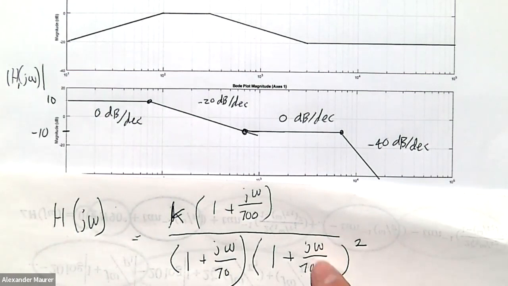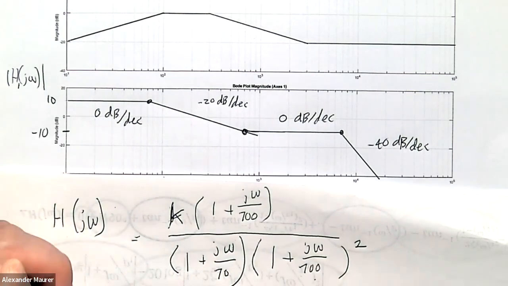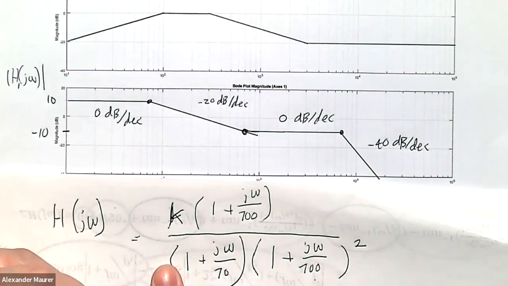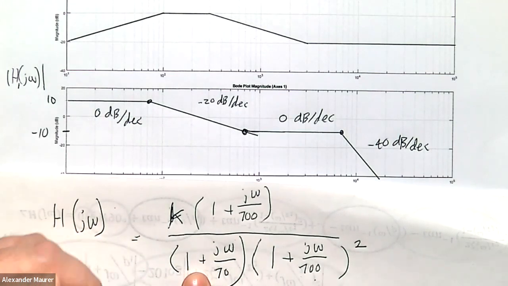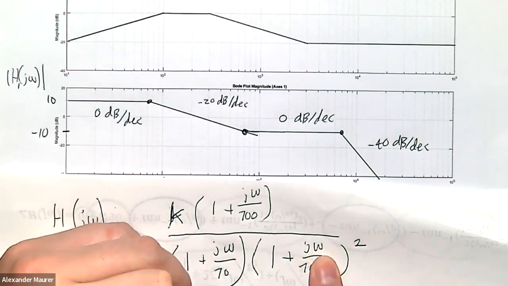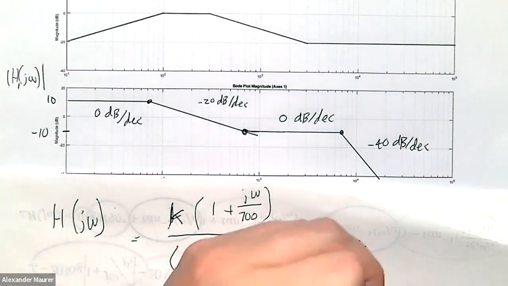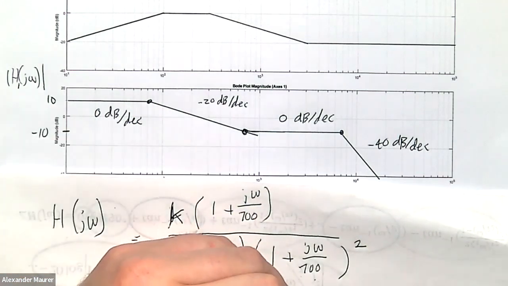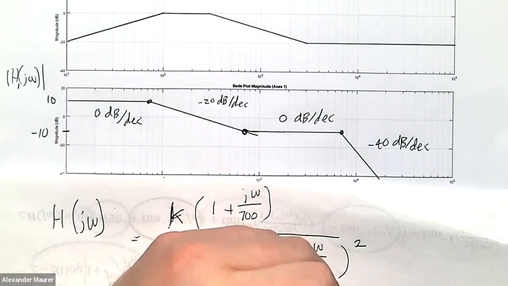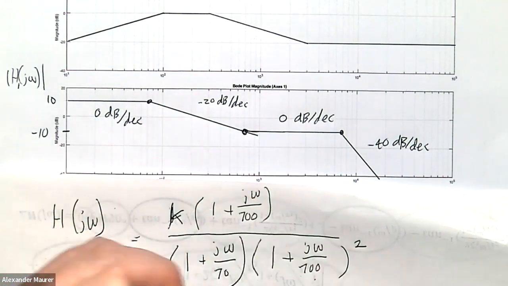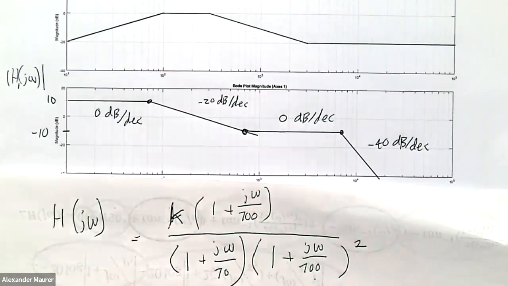So I know that this is 10 dBs. So I can know that k is equal to, we take the 10, we divide it by 20. The full calculation would be, we know that 20 log base 10 of k must be equal to 10.